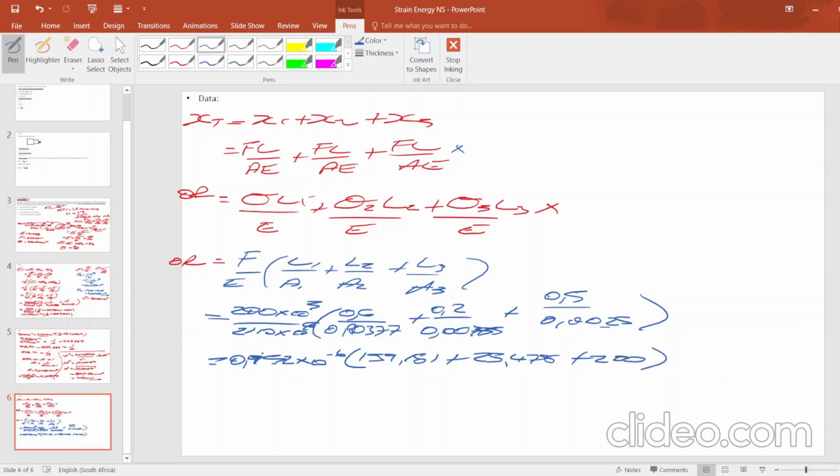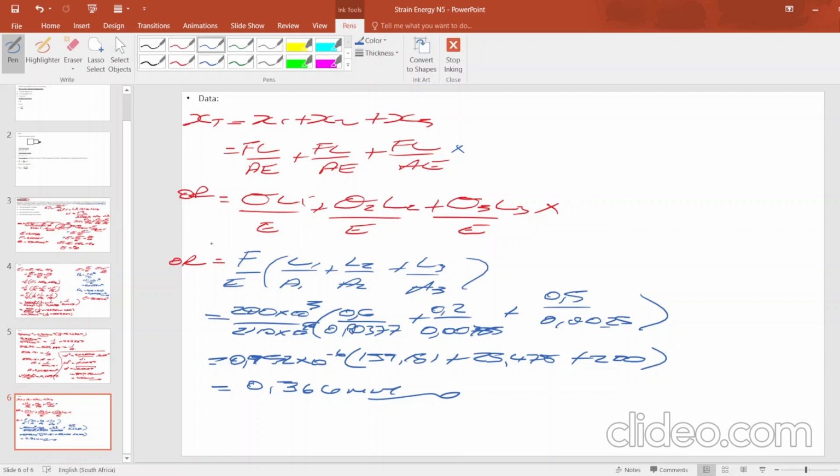Then when you add this inside and multiply by 0.952, you get your change in length as 0.00366 meters. Rounding it off to millimeters, it will be 0.366 millimeters. Okay, this is how you apply it.